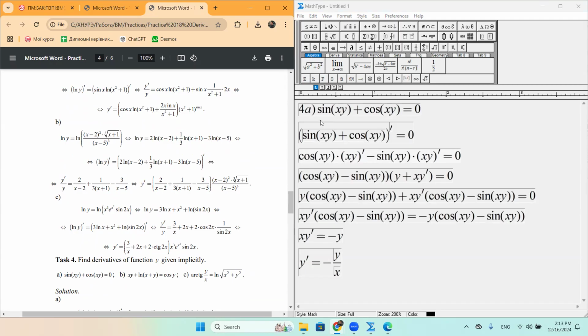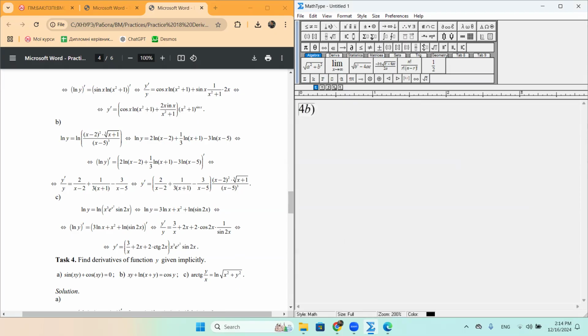No questions. Okay, if no questions, let's solve one more exercise. So B also, and then we will continue to task 5. So xy plus logarithm of x plus y equals cosine of y. Again, we need to differentiate both parts of this equation. So left part prime equals right part prime.